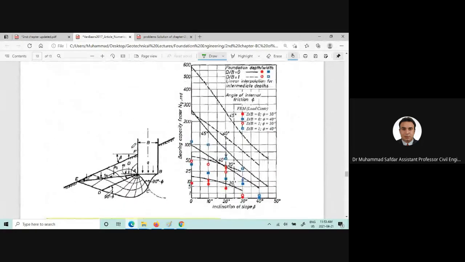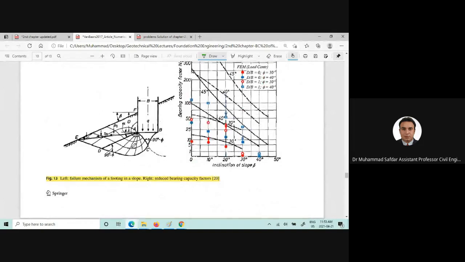Different shape factors. Here we can see how the failure wedge shape will change when a foundation is constructed on a sloping surface having angle beta. Okay, so in degrees you can call that the failure mechanism of a footing in a slope, and you can clearly see how the failure wedge shape is being changed.